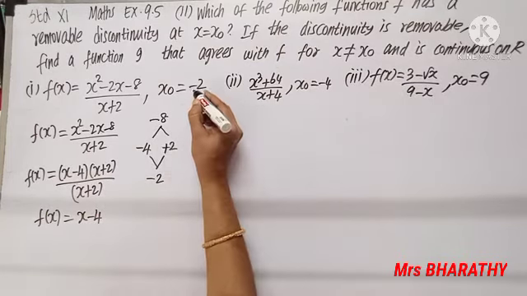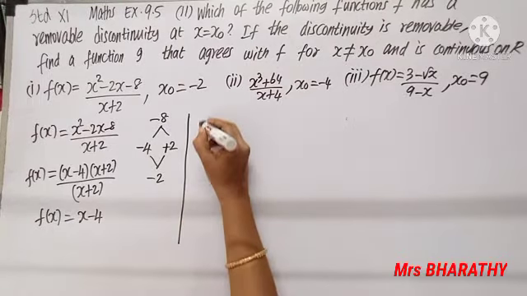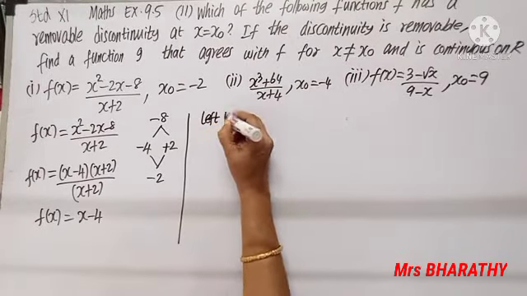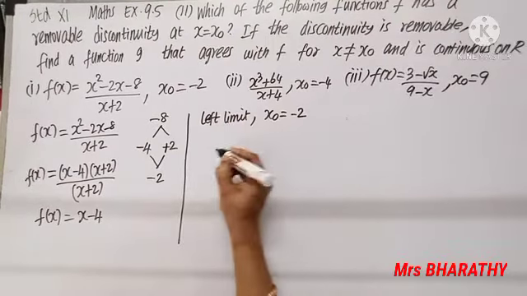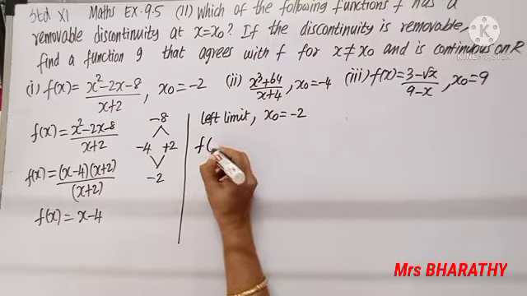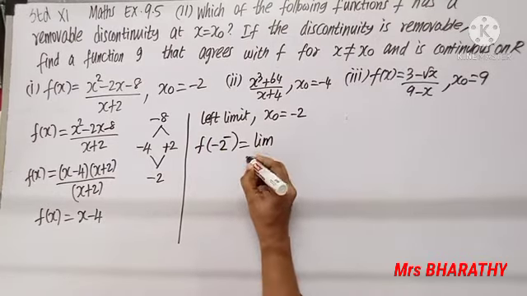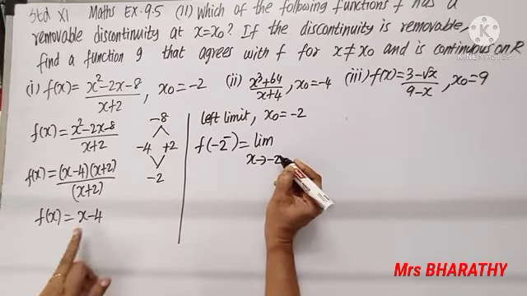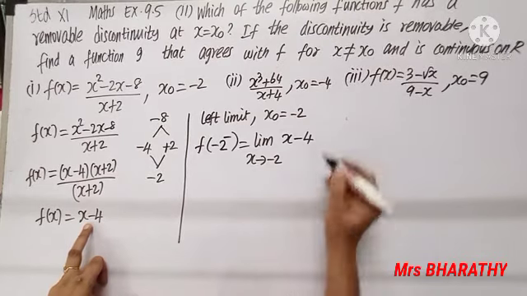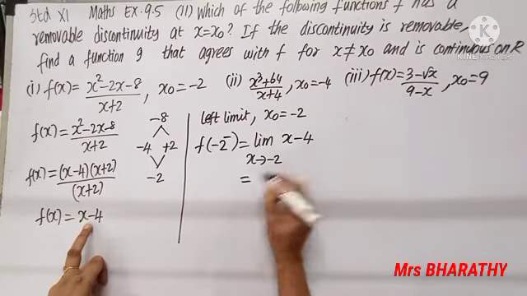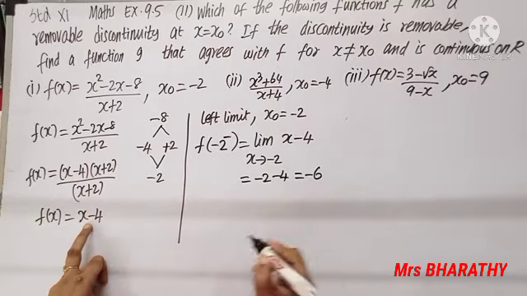My question is to check the left and right limit. As I find out the left limit, x naught equal to -2. So, f of -2 minus, that is limit x tends to -2, the function is x minus 4. And my answer is -2 minus 4, or it is -6.